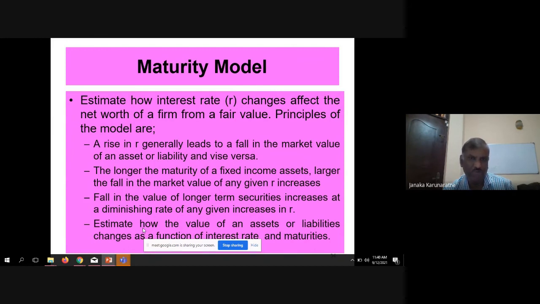Right? Now, what do you mean by fair value? It is the marketable value. Because earlier in the model, remember, these interest rate changes will change the market value also, but we didn't consider that. We simply looked at the book values, right?